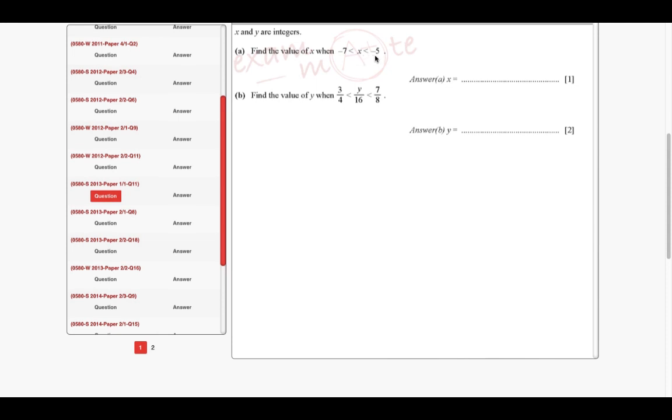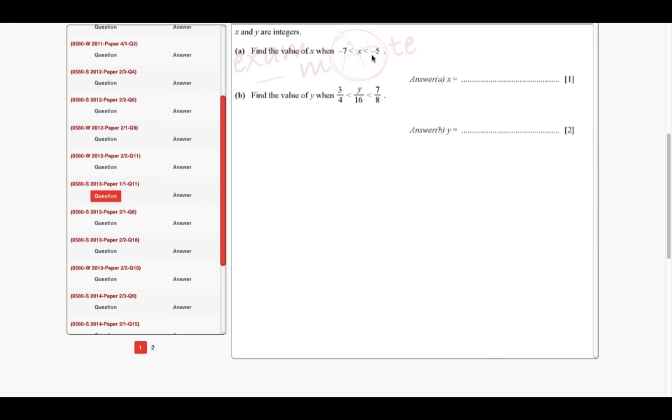A number that is less than negative 5 and is greater than negative 7 will be negative 6. That's why it's just 1 mark for Cambridge IGCSE. So the solution is just negative 6.